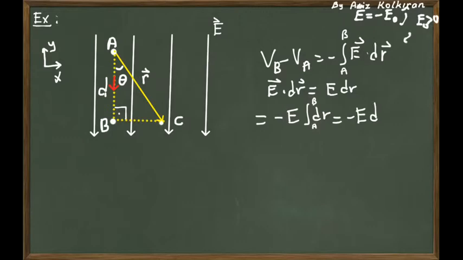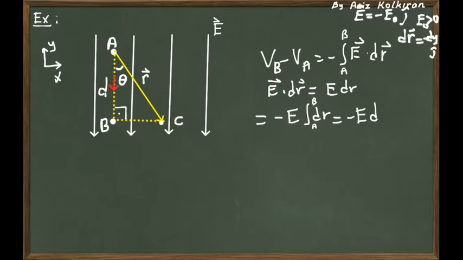And if you take the dr vector as minus dy times j, and put everything into the integral, you will see that this is the result. You will have E0 in here, and the result is E0 times d, with a minus sign. E0 times d is always positive, but since you have an extra minus sign in here, the result will be negative. Okay? I didn't do it explicitly by putting the coordinate system, but you can do that.